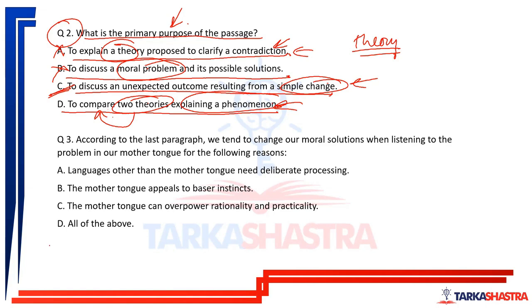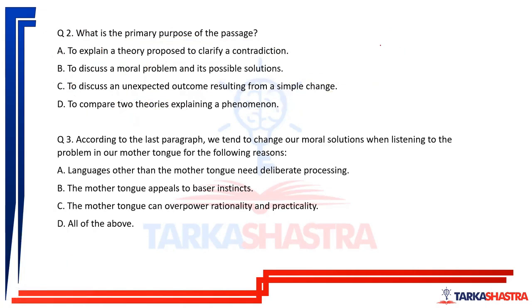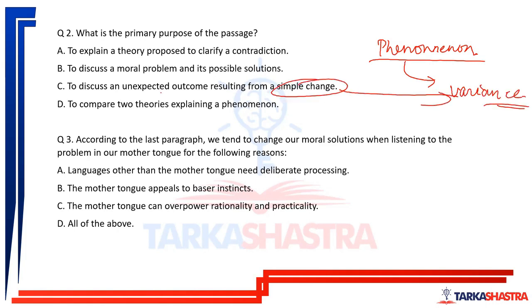Okay, so if you look at the passage, what's happening in the passage? They are simply talking about one phenomenon, which is an outcome of some variance in language. Okay, so simple change is this variance, and outcome is this phenomenon, and it is an unexpected outcome because the answers changed.